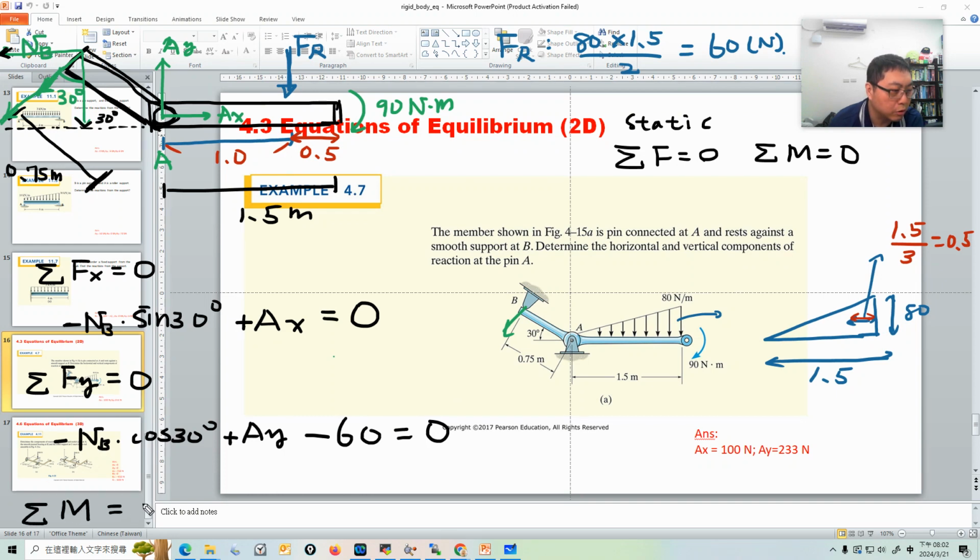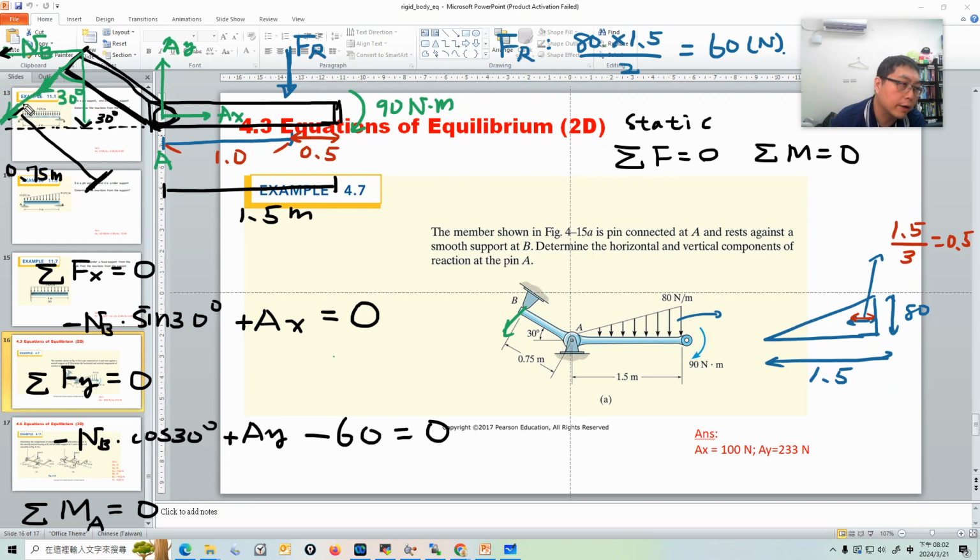Total moment is 0. I just use A as the reference point, because if we choose A as the reference point, we don't have to calculate the moment from AX and AY. This makes the calculation easier. So this MB creates a moment with respect to A, and its lever arm is 0.75.